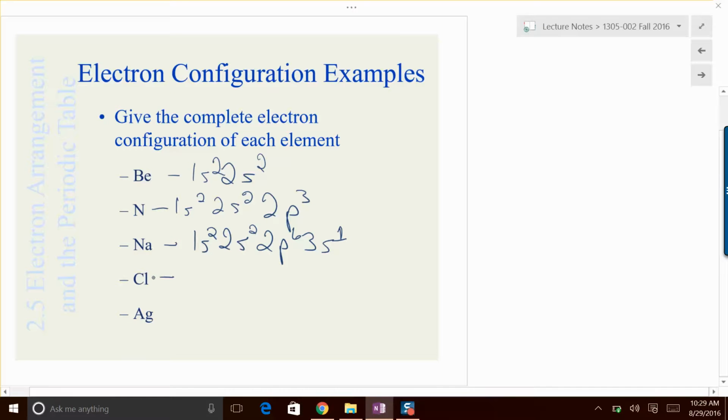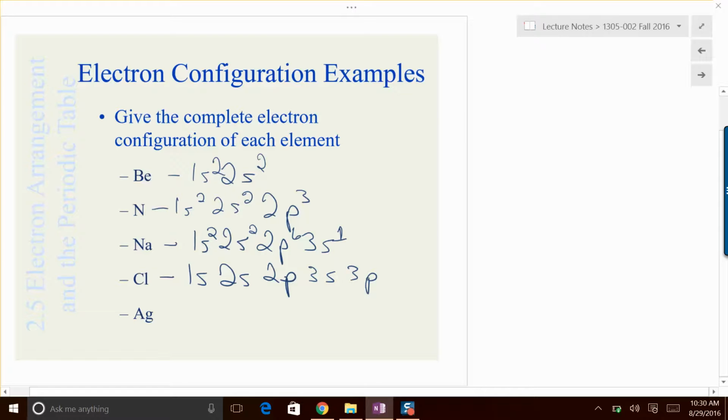Chlorine. Once again, start back at hydrogen. 1s. Lithium, 2s. Then I jump over here to boron's group, 2p. Then I go to sodium's group, 3s. Then I come here, 3p.